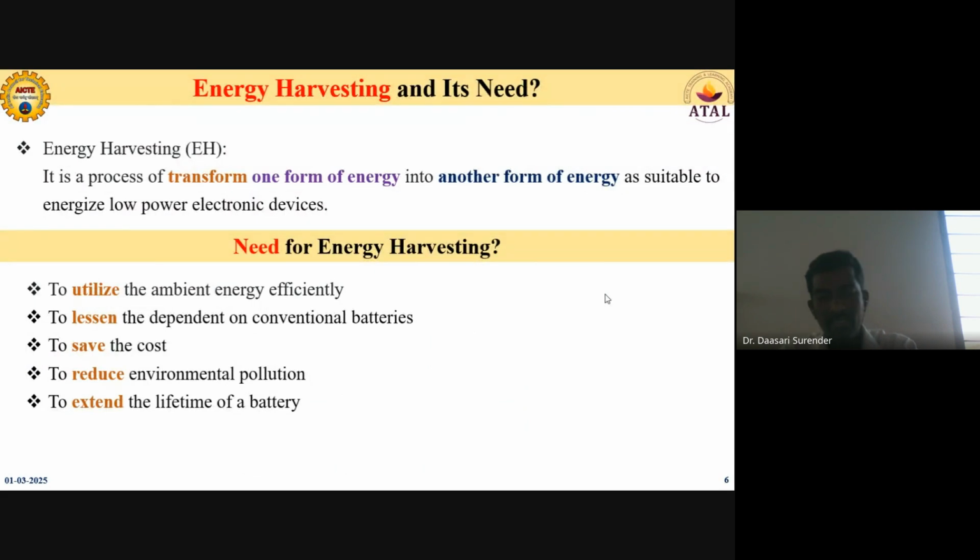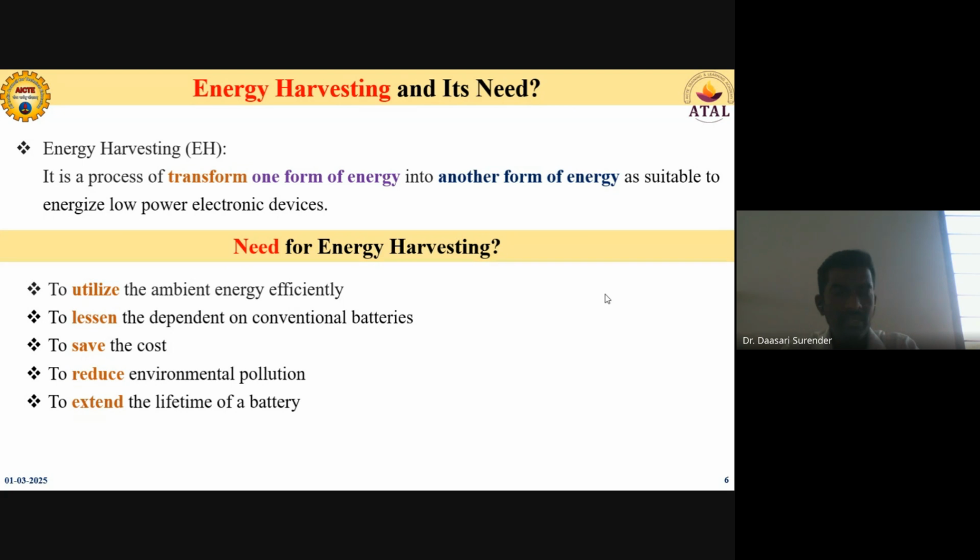So before that, what is energy harvesting and its need? Energy harvesting is a process of gathering energy from the ambient environment.